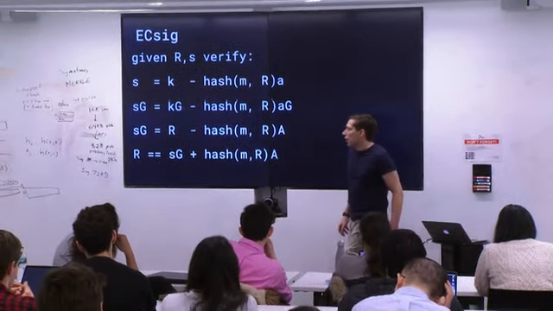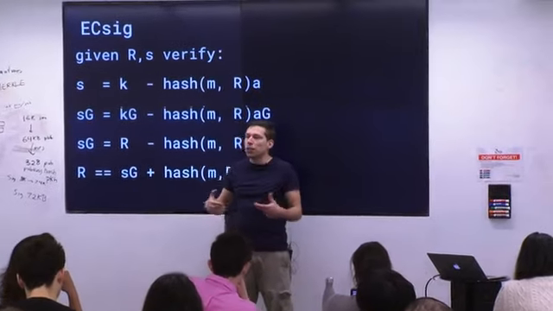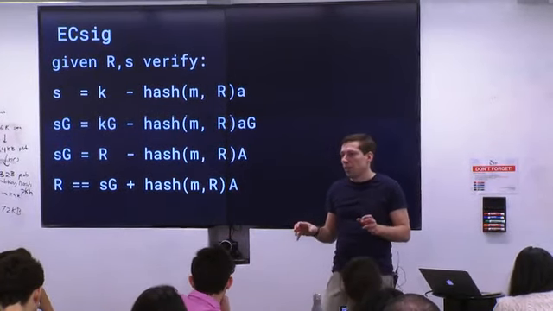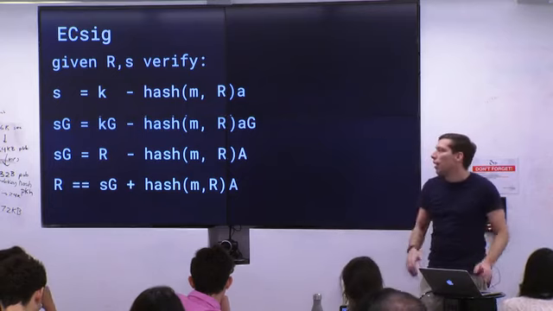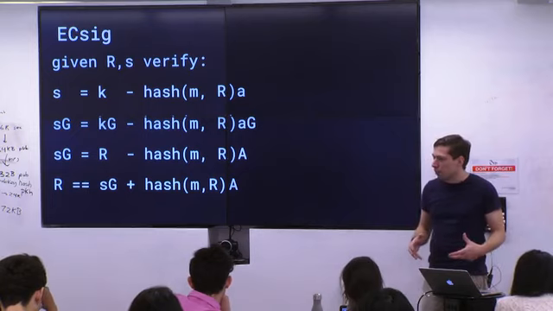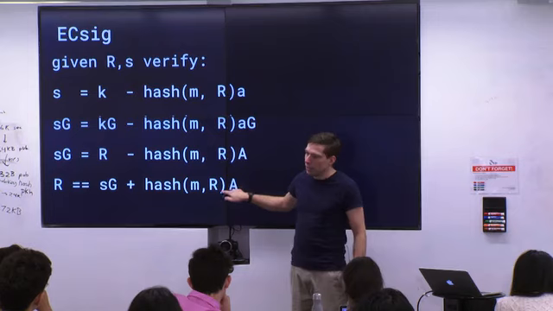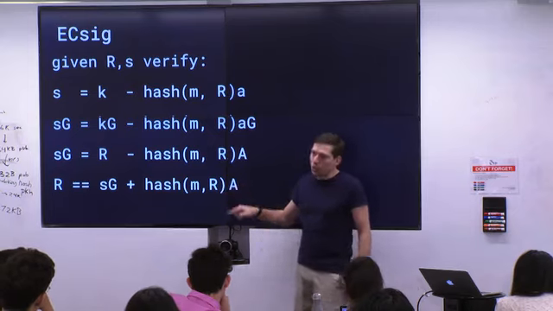The thing is, since G is used for multiplying a lot, you pre-compute all sorts of coefficients times G, and you store them in RAM or in your CPU somewhere. So multiplying by G is a little bit faster because you do it a lot, you can pre-compute a lot. Whereas multiplying by A is different each time for all the different signatures. So this is a little bit slower in general.